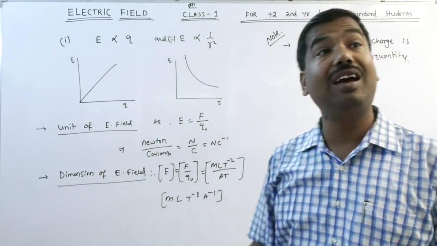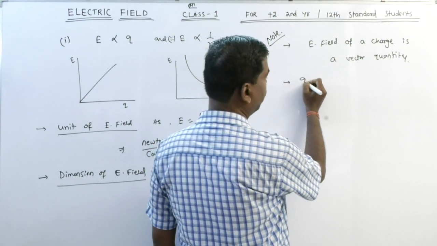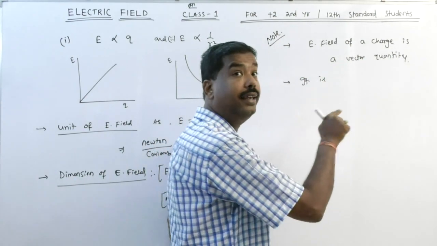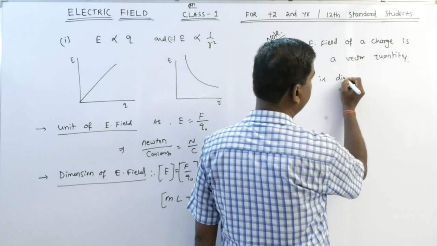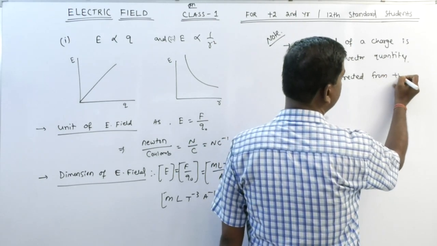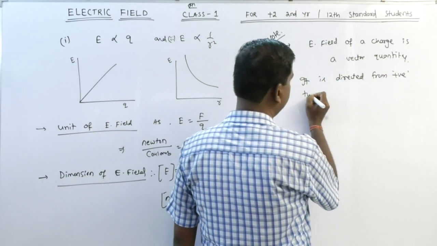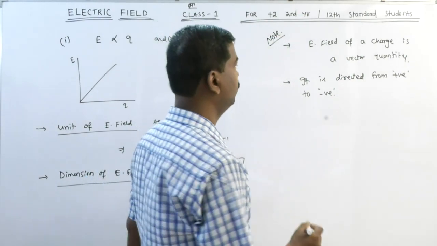Vector quantity means it must have its own direction. It means it is directed from positive to negative. Clear?